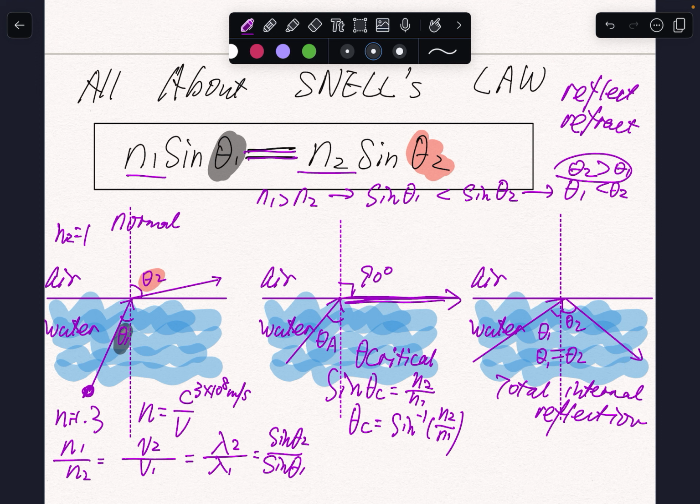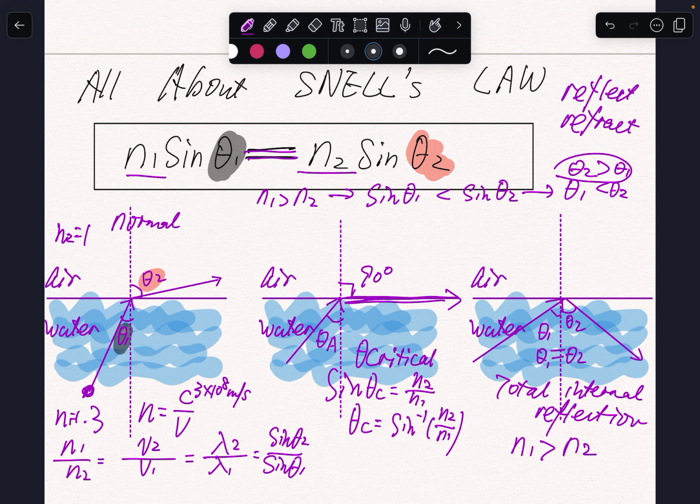This is called total internal reflection. For total internal reflection to happen, one condition is that n1, where the light source is from, has to be larger than n2. The light travels from a denser medium to a less dense medium, and total internal reflection can happen if your theta 1, your angle of incidence, is large enough, even larger than theta critical.